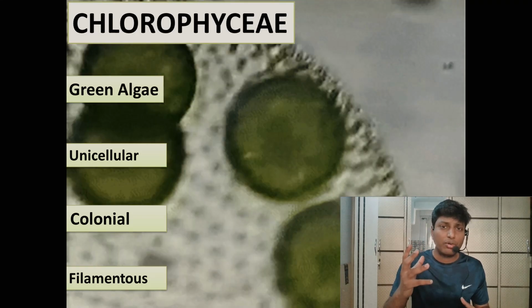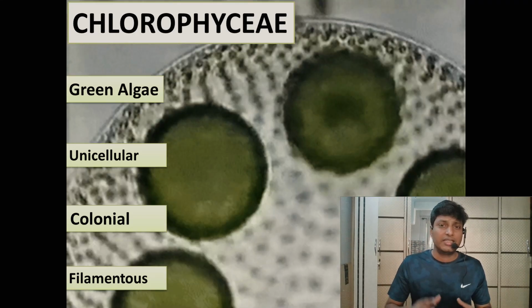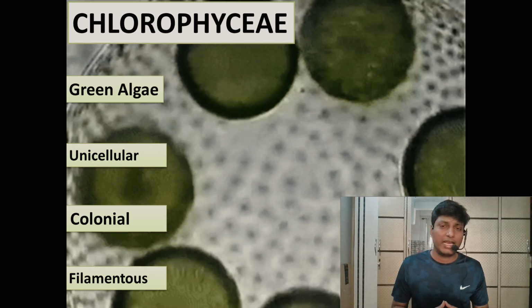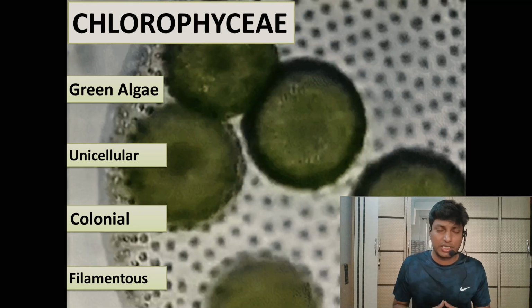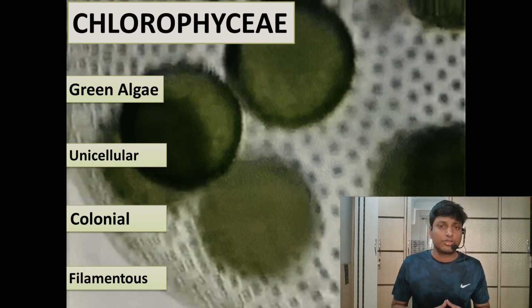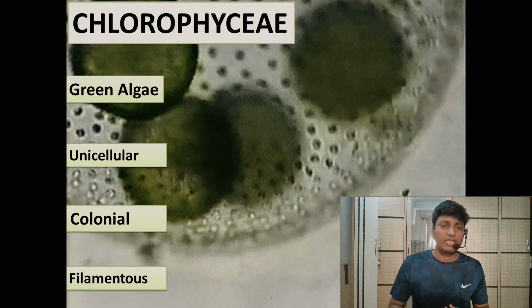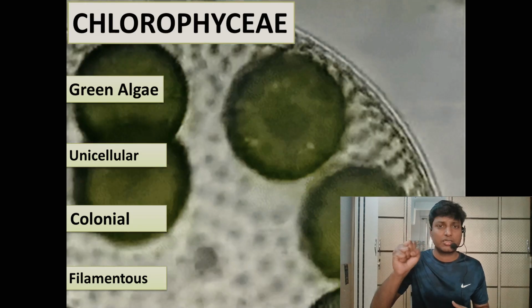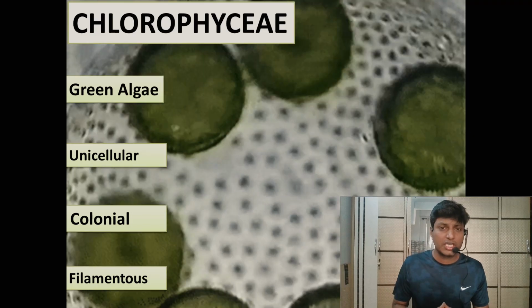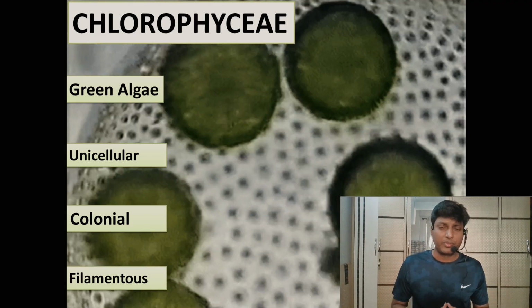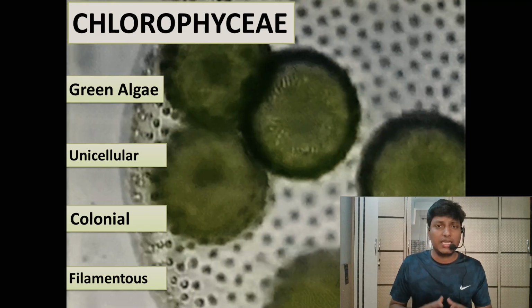So in the background, you can see on the screen this particular example of algae, right? And this example of algae is nothing but Volvox, as you can see on the screen. Inside the Volvox, there is a group of cells, or you can see a group of algae which are present inside the Volvox. They form a colony. So it is an example of a colonial algae.